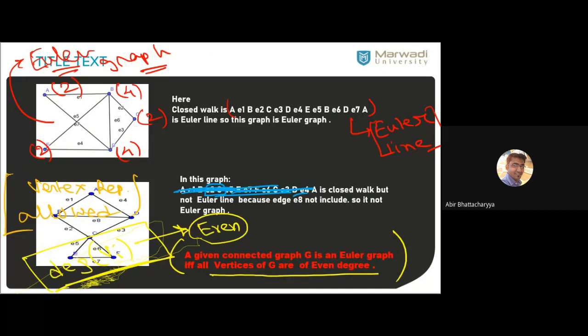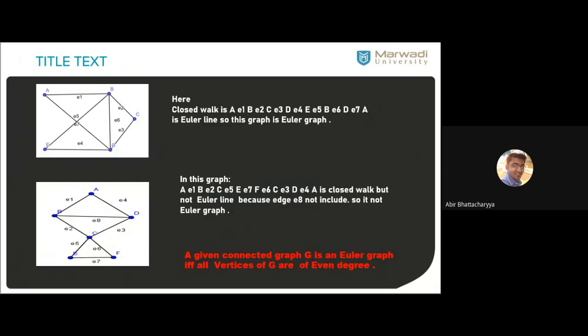Next, I will give you another example. So go for this example. Now tell me whether this graph is a Euler graph or not. This is the example. Tell me it's a Euler graph or not. Why?